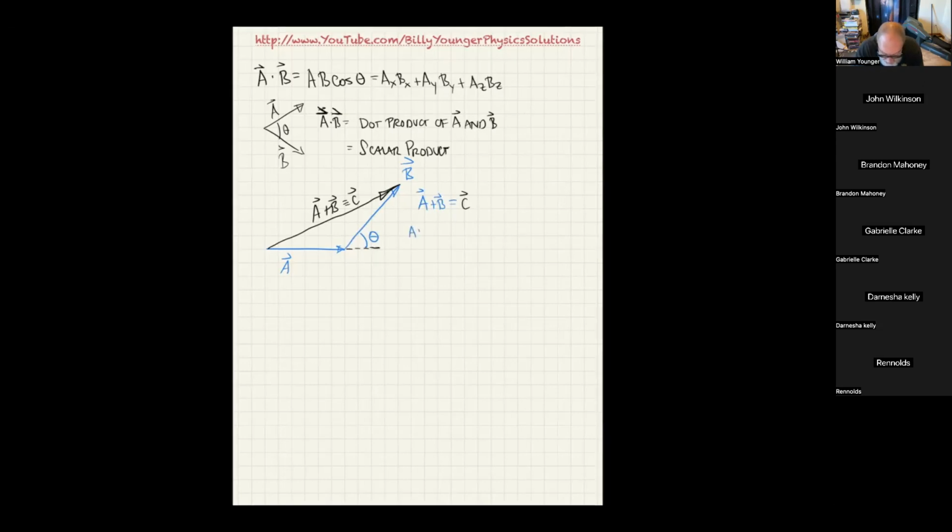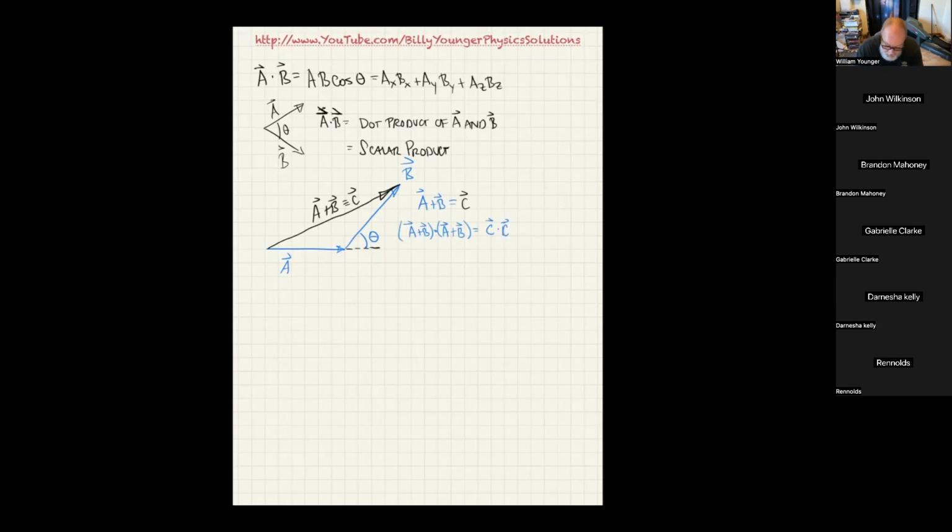So A plus B dotted with A plus B equals C dot C.